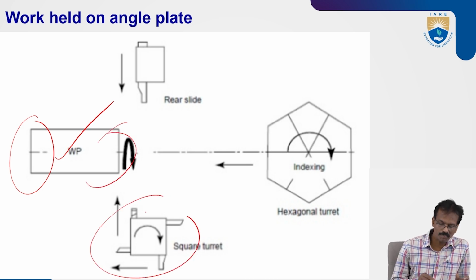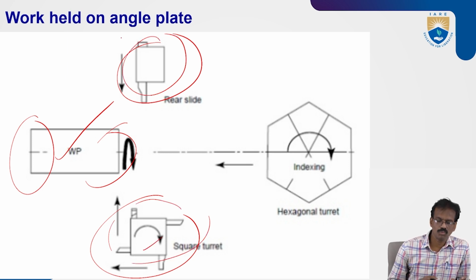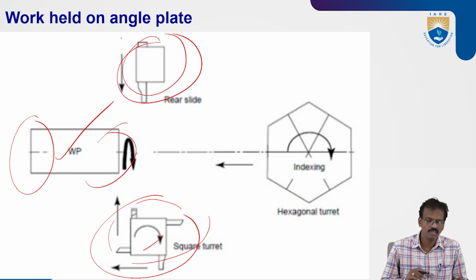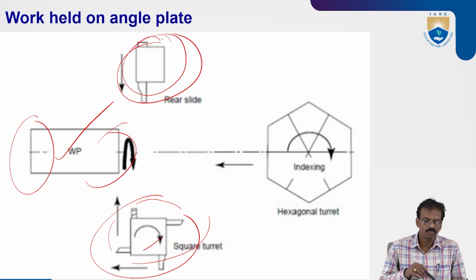Here some types of tool posts are there. In the front and the rear positions, there are two different types of tool posts. Here we can fix four tools, and here two tool bits can be fixed on the rear side. So totally six tools can be fixed here.